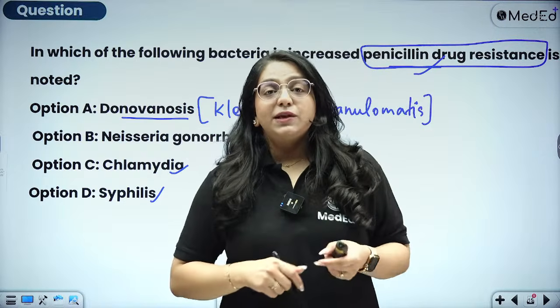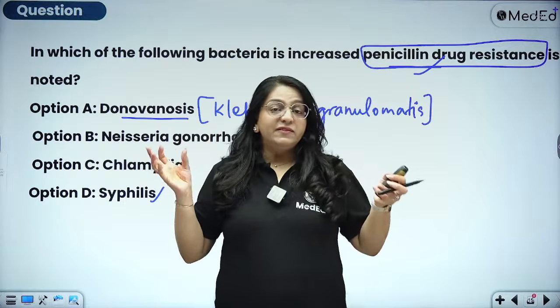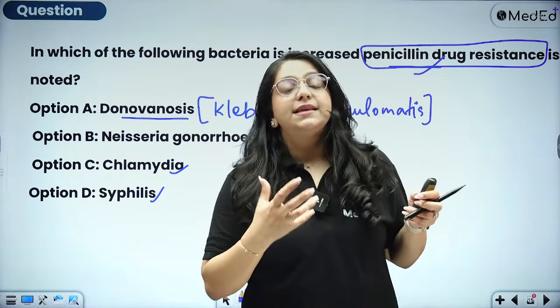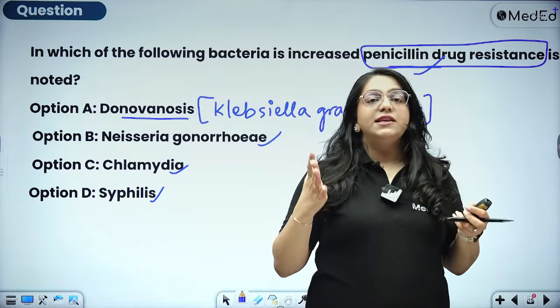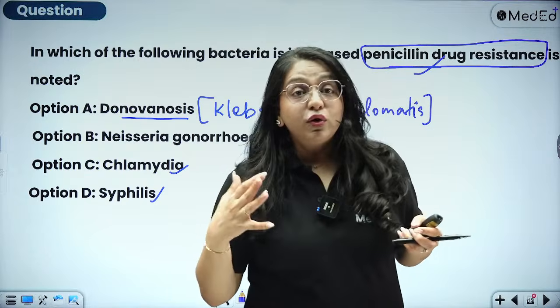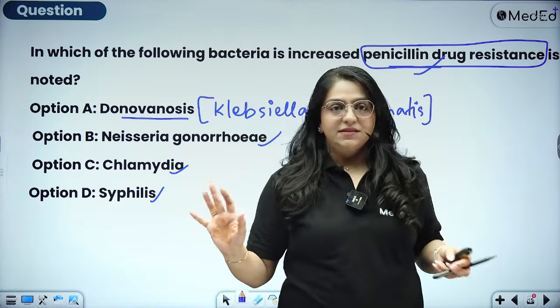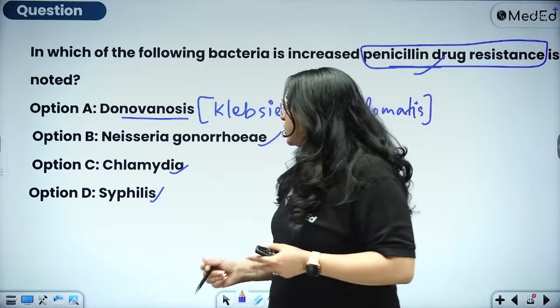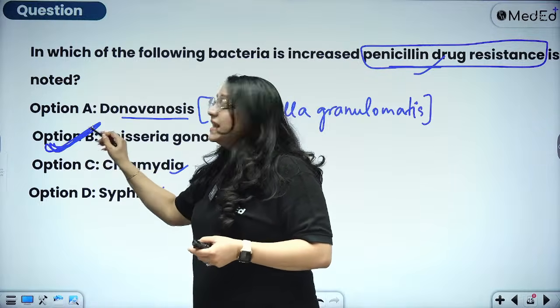You remember we had talked about when we differentiate between Neisseria meningitidis and Neisseria gonorrhoeae, we realize that Neisseria meningitidis, the agent of meningitis, is more or less susceptible to most penicillins, whereas Neisseria gonorrhoeae shows increasing drug resistance because it produces penicillinase enzyme.